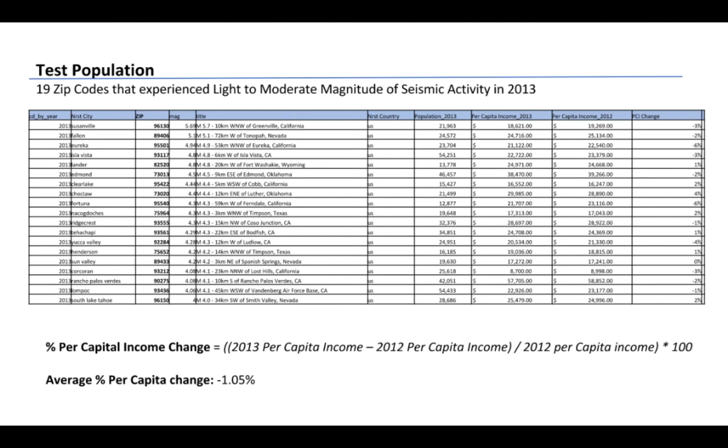What we saw is a drop of negative 1.05% across all the population. So that's our hypothesis: based on this analysis, we have a decrease in per capita income.